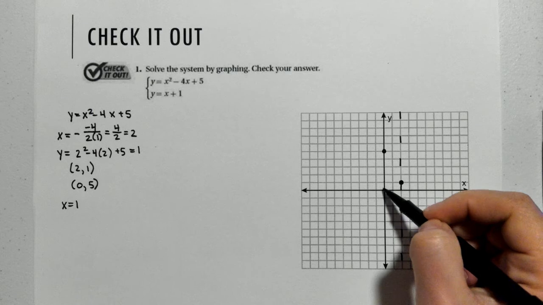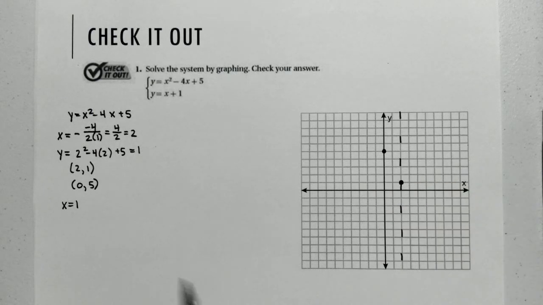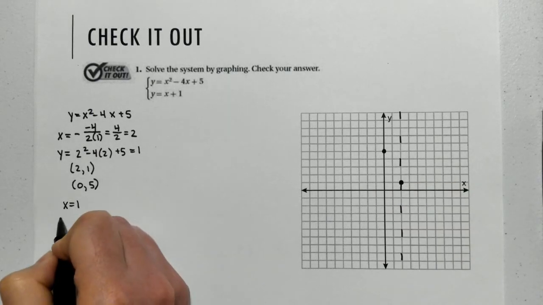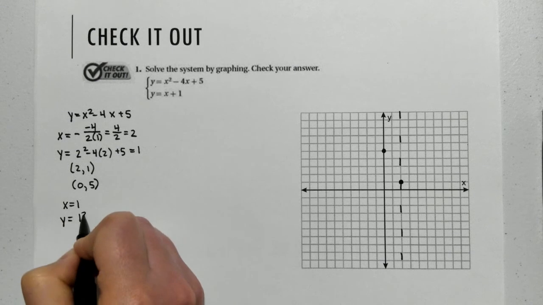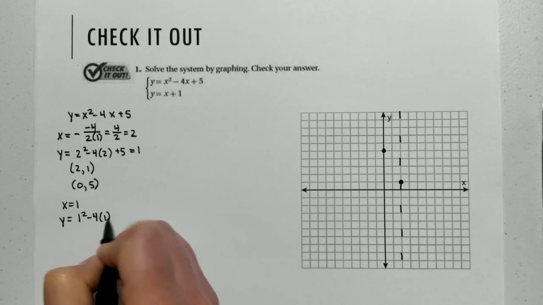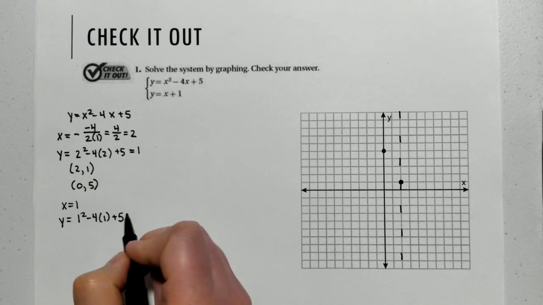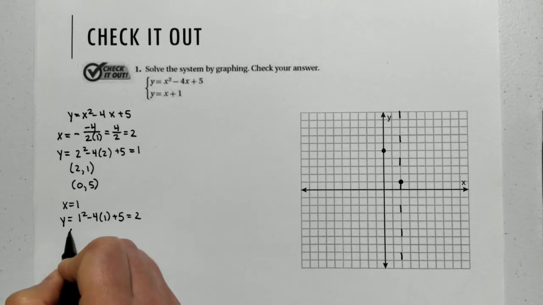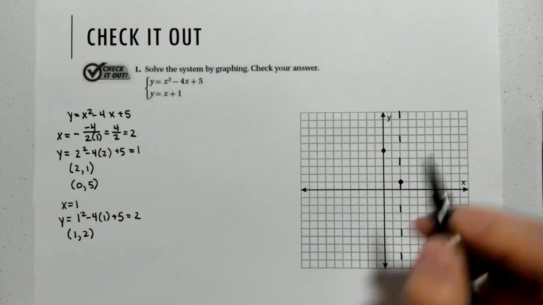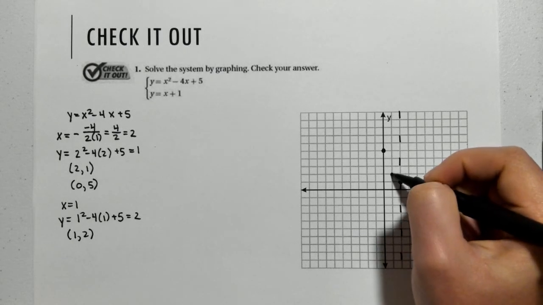And then we used 0 already, so my second value would be negative 1. So substituting in 1, y equals 1 squared minus 4 times 1 plus 5. 1 squared is 1. 4 times 1 is 4, so 1 minus 4 plus 5 will give me 2. So another ordered pair would be 1, 2. So right 1, up 2.